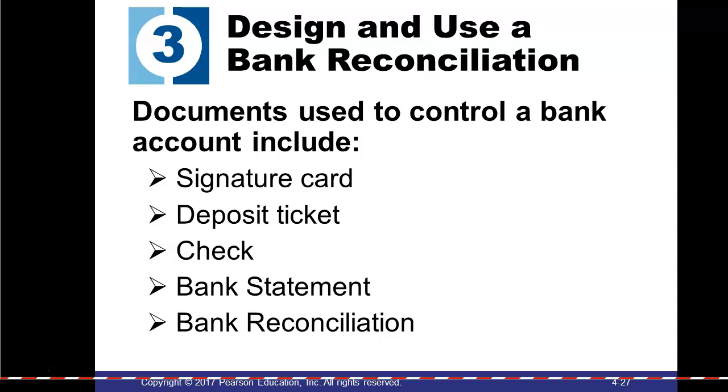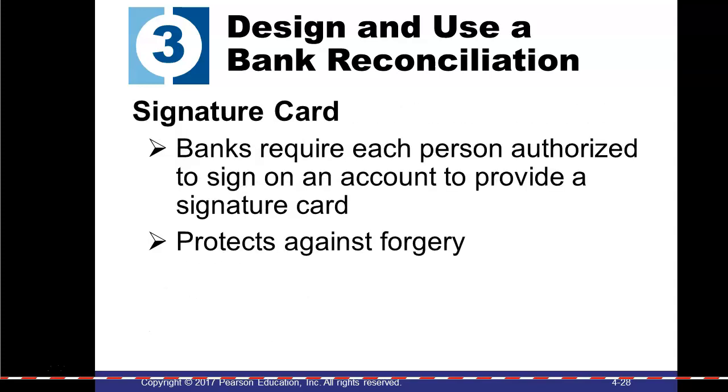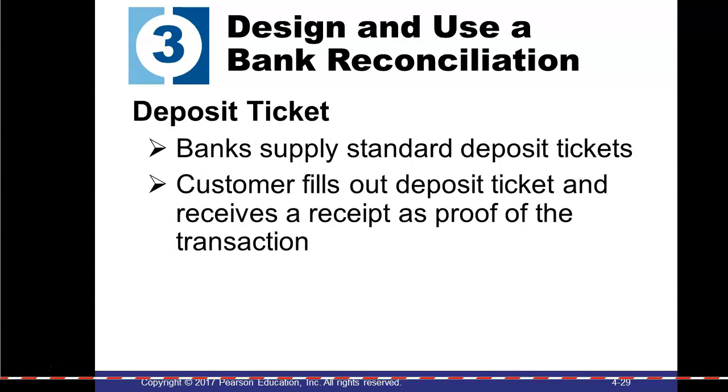Bank statements and reconciliations. Again, the signature card is going to say who can sign on that account. Deposit tickets are for the individuals who can put money into the account, and checks are for individuals who are able to write checks and take money out of that account. Using your bank statement and reviewing that bank statement and reconciling to your general ledger is an important step. So again, it protects against fraud and forgery.